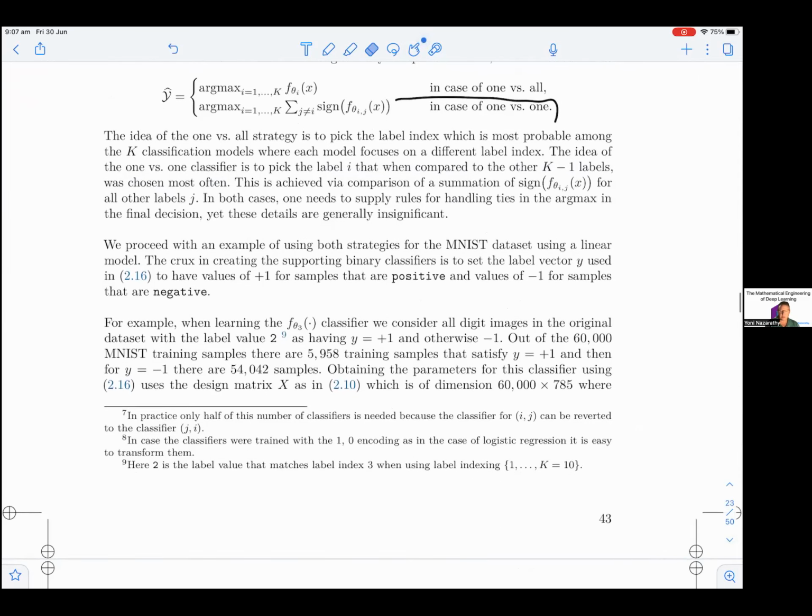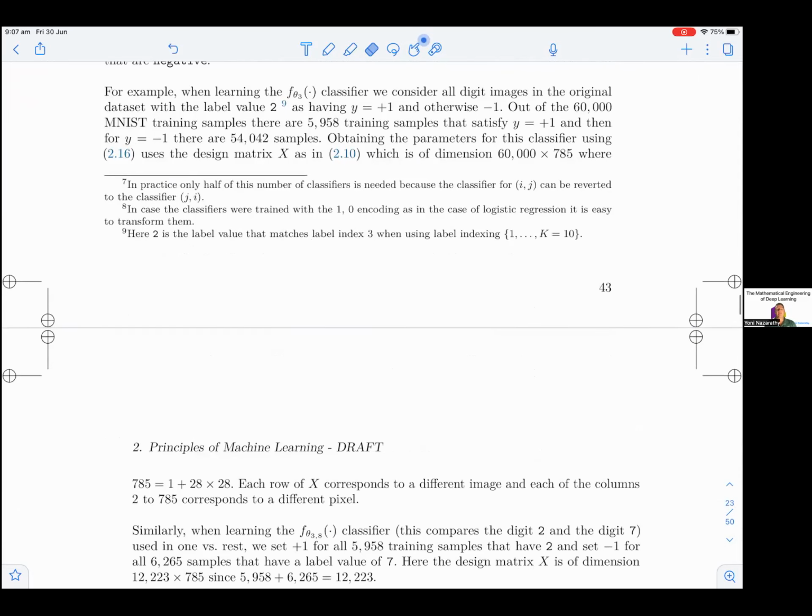For example, when learning the f theta 3 classifier, that's a classifier of whether a digit is label 3 or not, where label 3 is actually label value 2 because we shifted from 0 to 9 to 1 to 10, we consider all digit images in the original dataset with the label value 2. The footnote explains why it's 2 and not 3. It's having y equals +1 and otherwise -1.